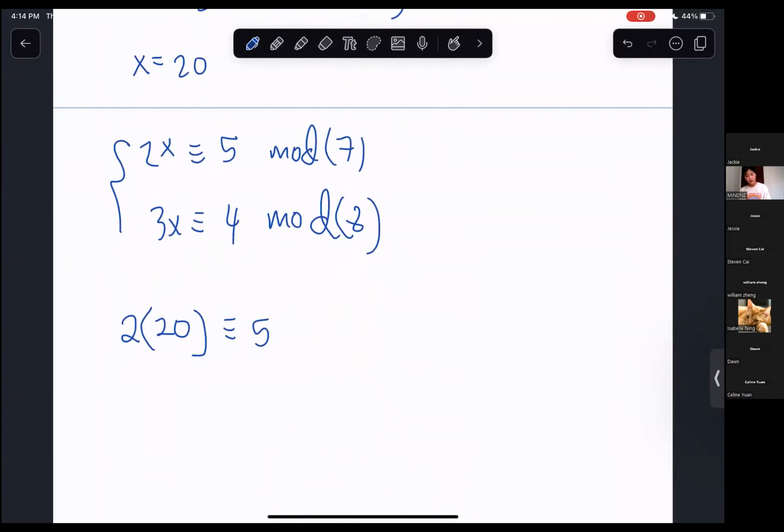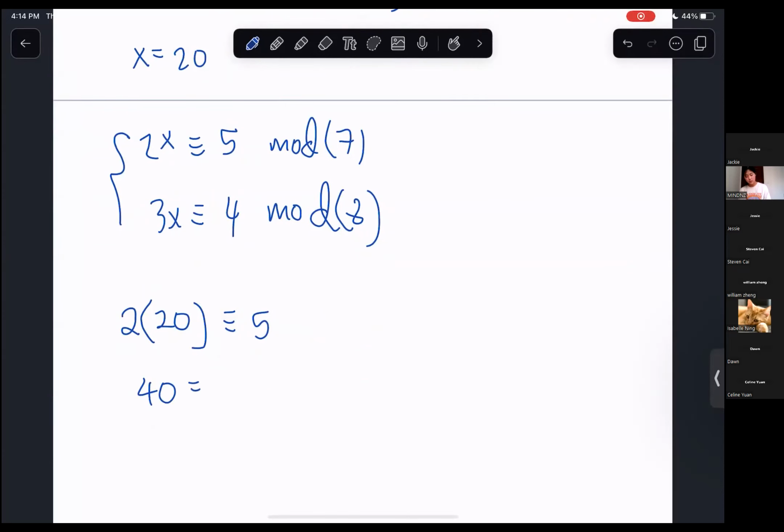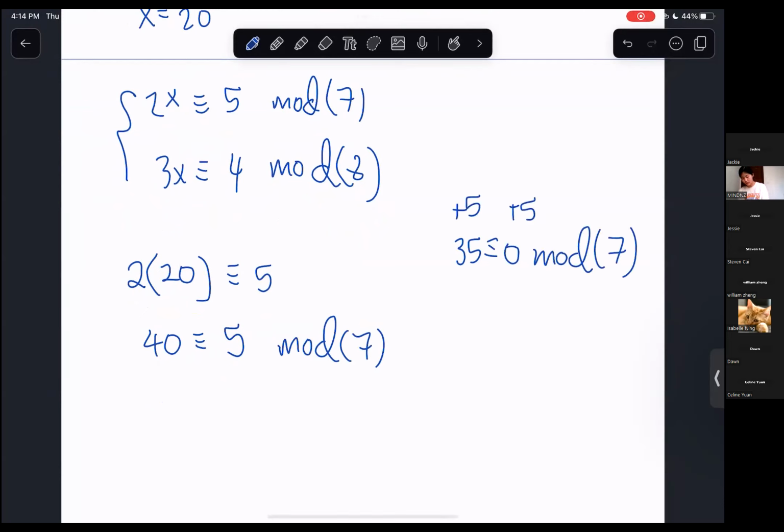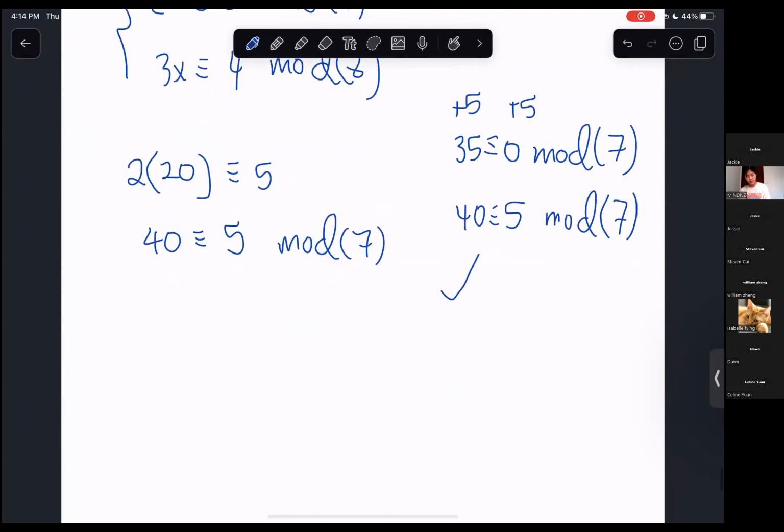Is this true? Well, 40 is congruent to 5 mod 7. We can test this. We know that 35 is congruent to 0 mod 7. So if we add 5 to both sides, then 40 should be congruent to 5 mod 7. So this is correct. Then let's test the second one, just to be sure.